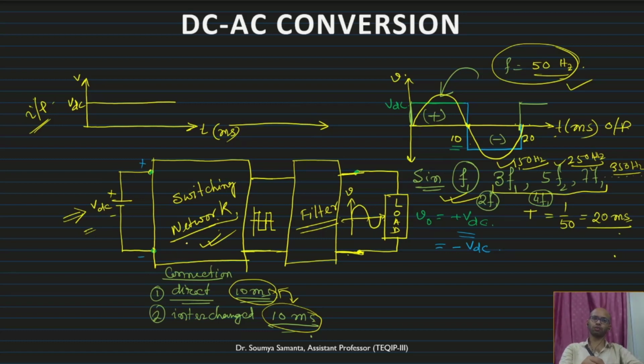Therefore, we require the power electronic switches that we have studied earlier, because they have the capability to switch very fast. So now let us understand the switching network which gives us square wave AC from DC. Okay, so let us see this.